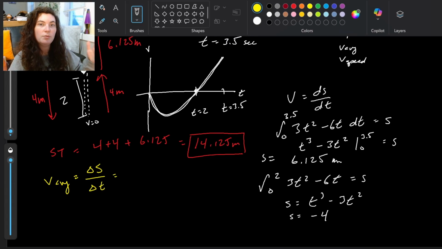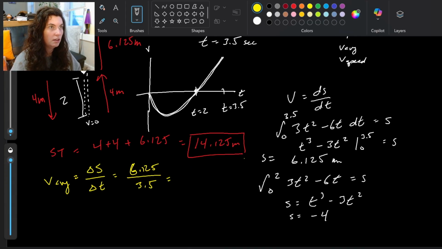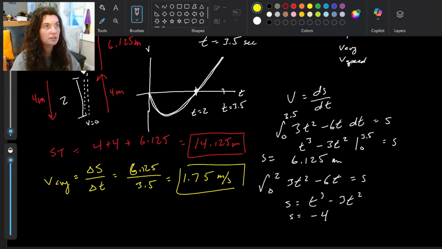So that's our final position minus our initial position, and we started at 0. So our change in position is going to be the 6.125 over the total time, 3.5 seconds, to get an average velocity of 1.75 meters per second.